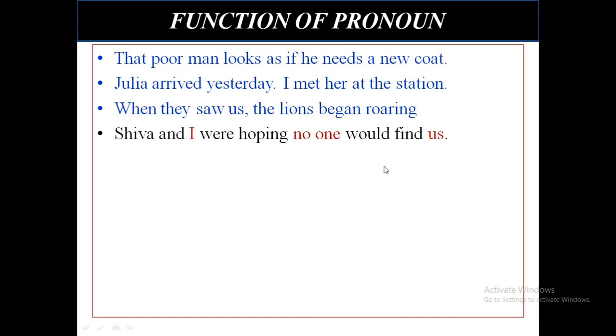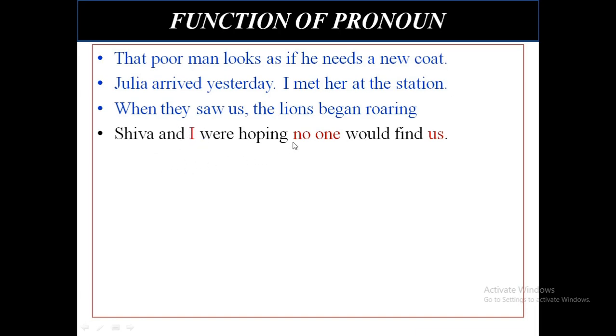Shiva and I were hoping no one would find us. Right. So here, I is also one more pronoun in this statement. But whom is it representing? It is the speaker of the statement.